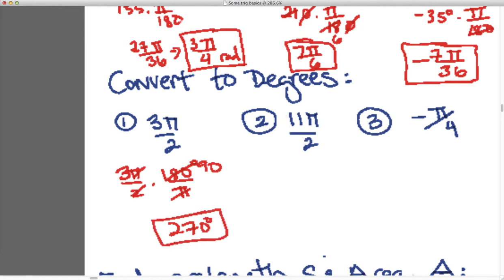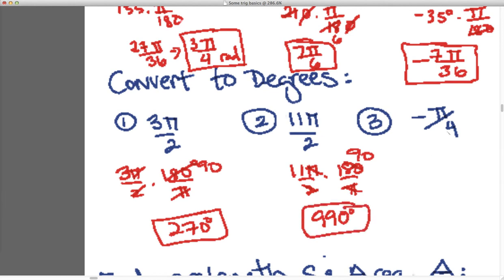And then if we did 11 pi over 2, that would be the same procedure. 9 with a 0. And then this one would be negative 45.